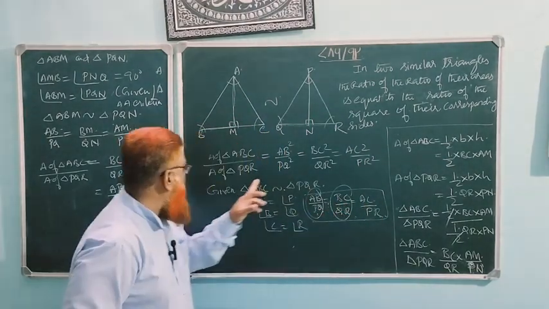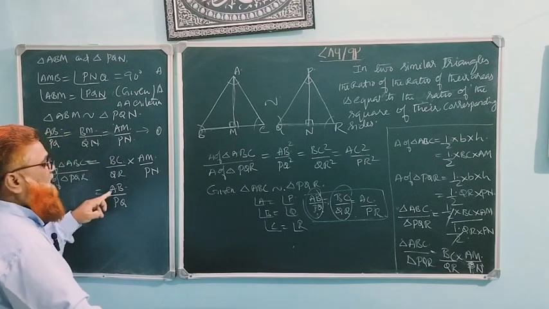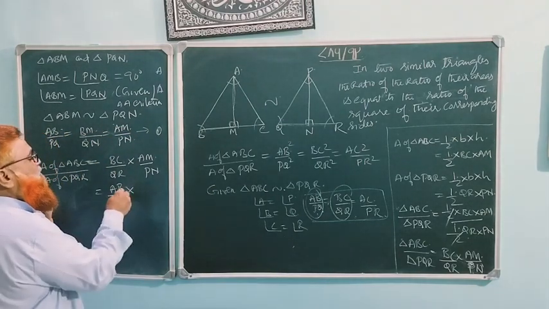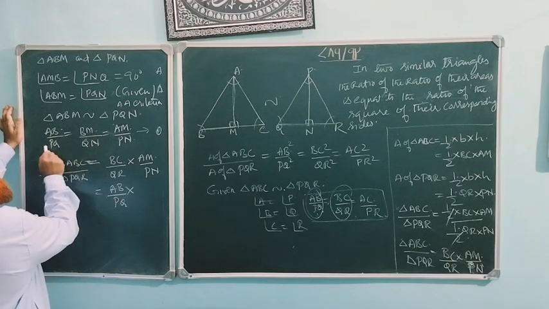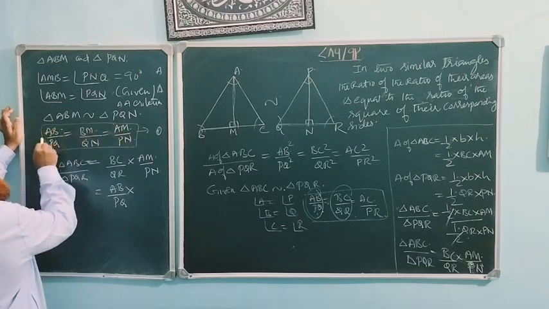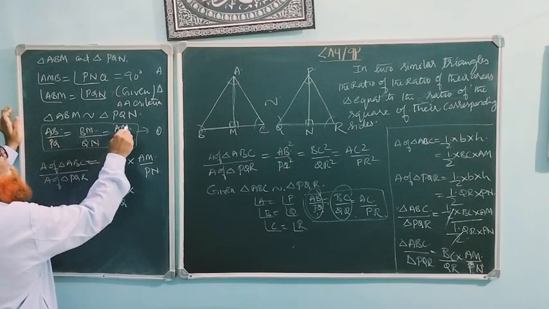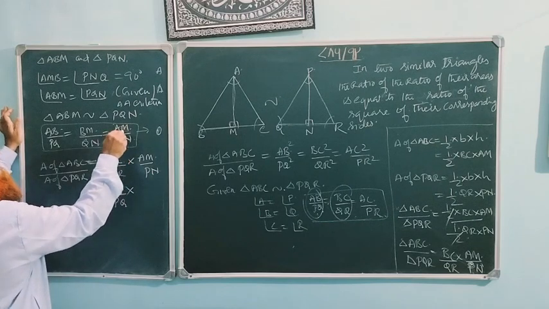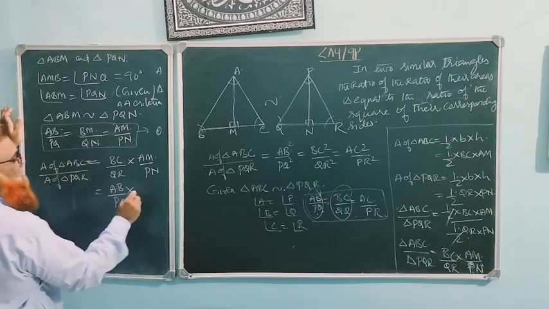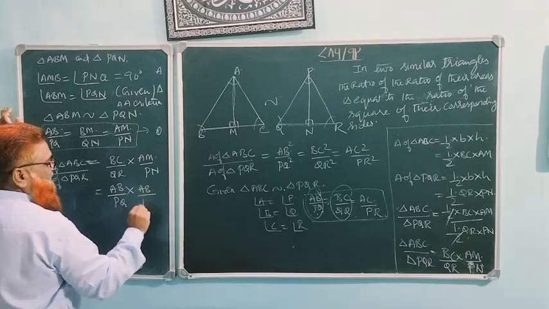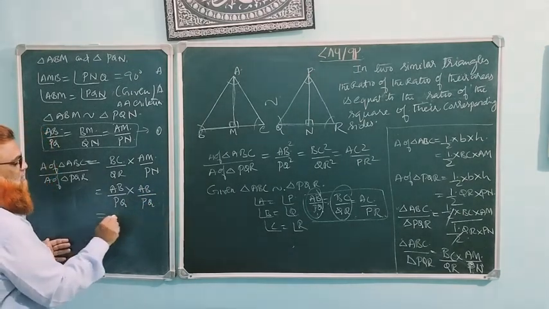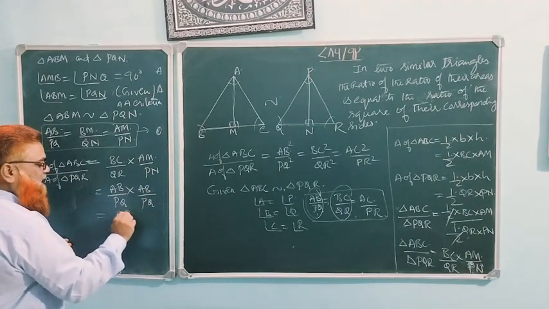Here you can see that in these equal ratios, AB by PQ is the same as AM by PN. So in place of AM by PN, I write AB by PQ once again.